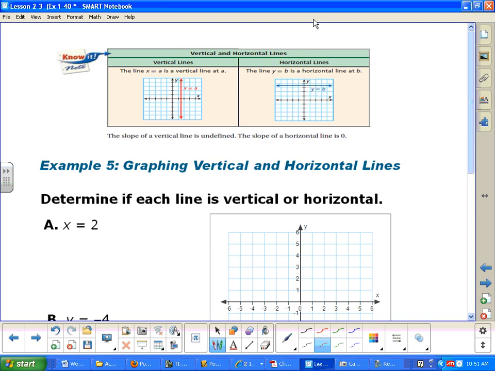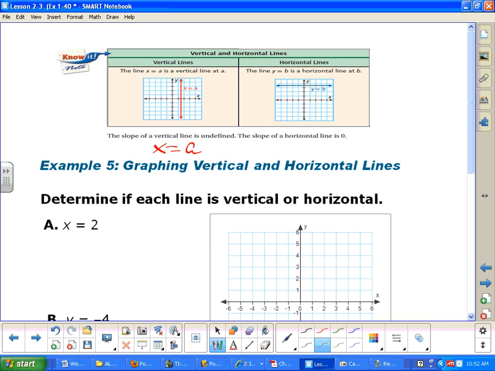Okay? So here it shows that x equals a. That means that is a vertical line. Remember we talked about in chapter 12 about asymptotes, vertical asymptotes and horizontal asymptotes. Whenever we did a vertical asymptote, we always said x equals a.